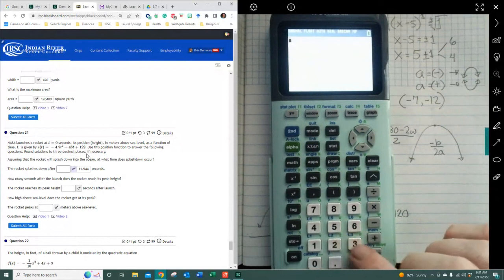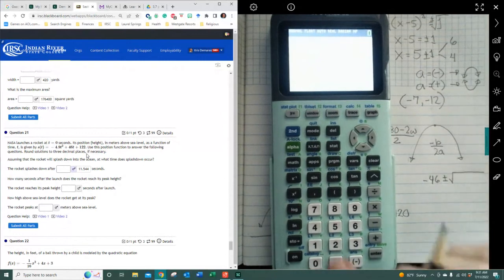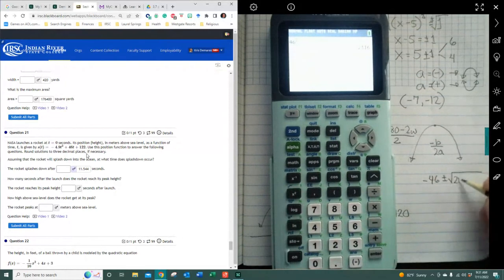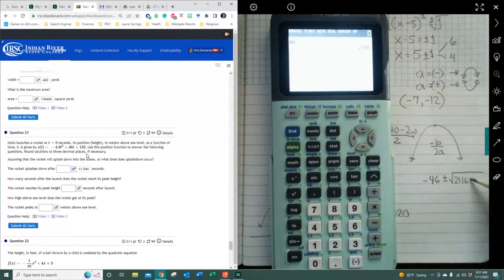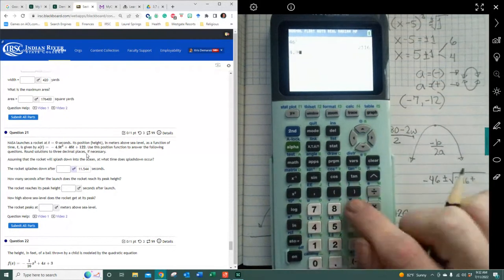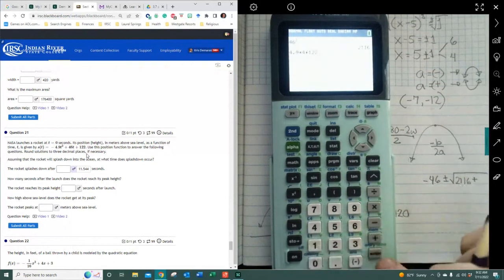So I have negative 46 plus or minus, and it's 46 squared. That's minus. No, it's actually going to be plus. So that's 4.9 times 4 times 122.